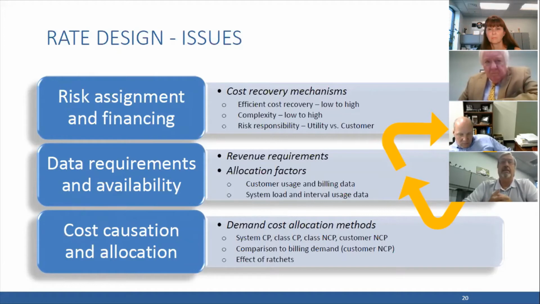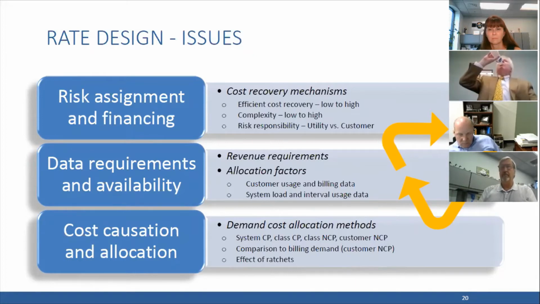And the next issue, data requirements and availability, is we have a lot of data required to determine the revenue requirements, but that's data that's readily available. That's our financial data primarily, other forecast data. Then when we get the revenue requirements, we need to allocate those costs to the customer classes. And part of that allocation is through data like customer usage and billing data, which we have readily available for historical data.